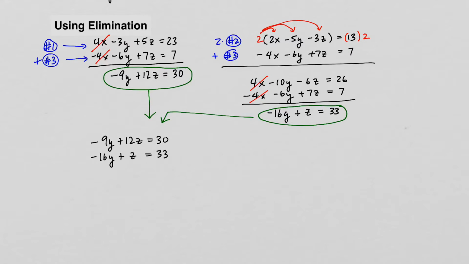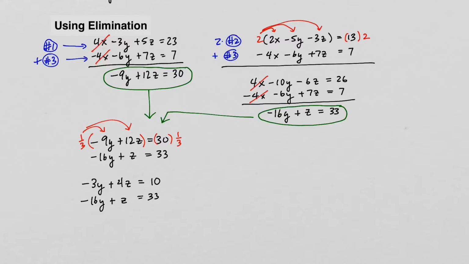That way you can simplify the numbers, make them a little bit smaller. So I'm going to basically take this equation here and multiply both sides by 1/3, which is the same as dividing by 3. And that will give us negative 3y plus 4z is equal to 10. Again, I'm just multiplying each of these by 1/3. And that second equation is still the same.